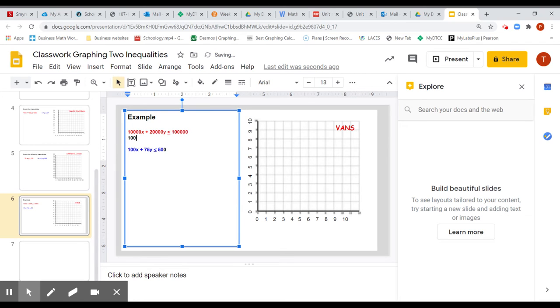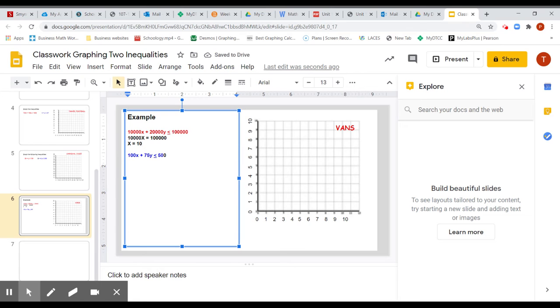So I have 10,000x. I'm going to set it equal to 100,000. I'm going to solve for it. So when I solve this problem, if I divide 100,000 by 10,000, you're left with x equals 10.